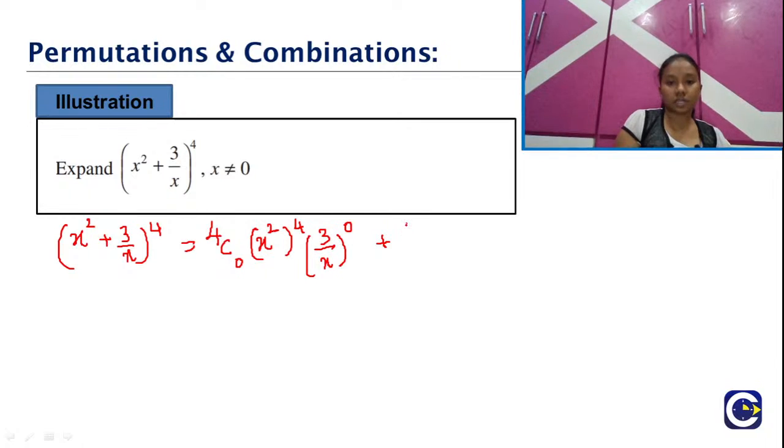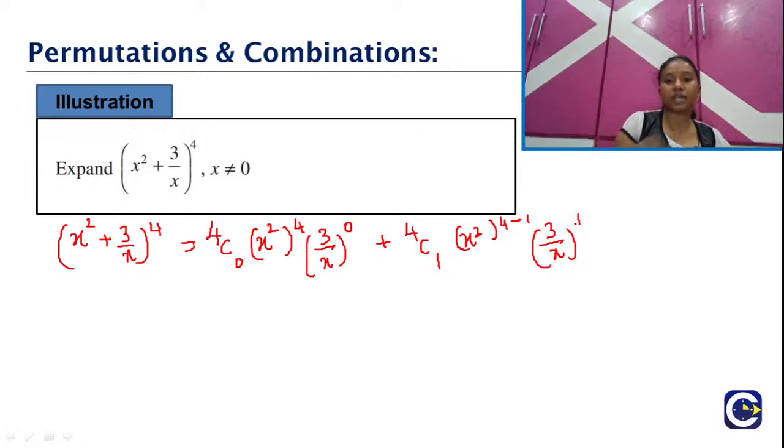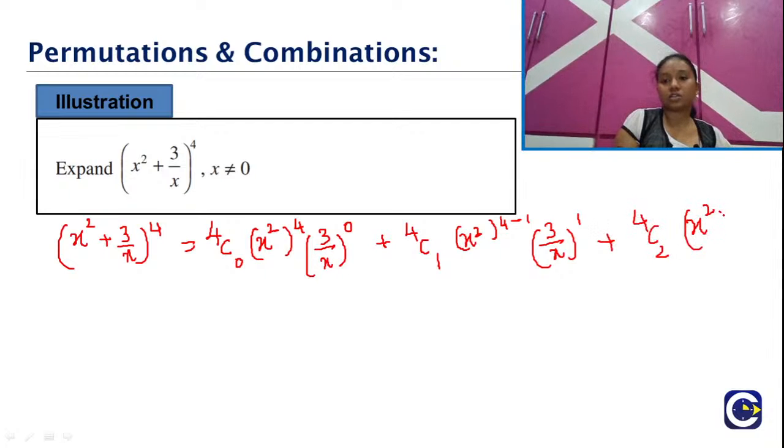And the next it will be 4C1 and x². As I mentioned, index minus whatever the number we have here, that is 4 minus 1. And for the second term, directly the number, that is (3/x) whole power 1. And the third term, that is 4C2 (x²) to the power 4 minus 2, and here (3/x) whole square.